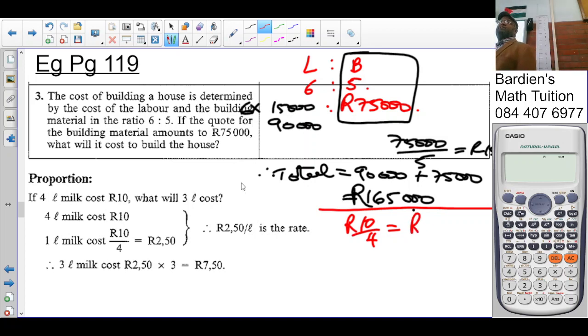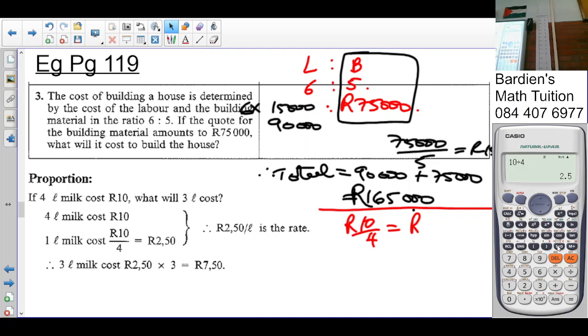Check your calculator. Don't use your head. 5/2. Press S-D and you'll see on your calculator, you say 10 divided by 4, you press S-D, 2.5. So it's 2 rand 50 per liter.